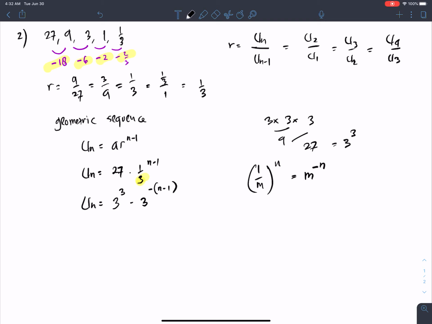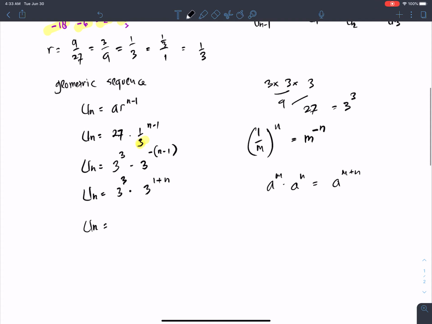If we simplify it a bit, we get 3 to the power of 3 times 3 to the power of minus n plus 1. For a to the power of m times a to the power of n, according to the exponential rule, it is m plus n.